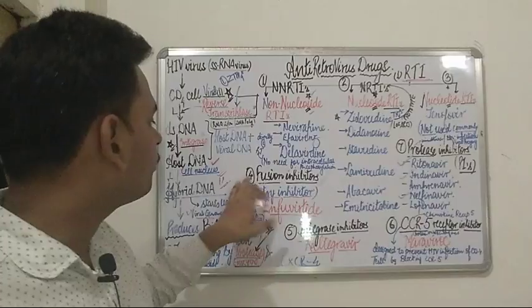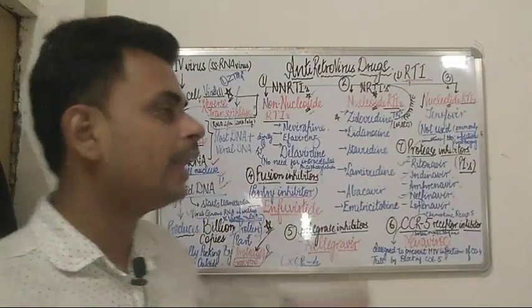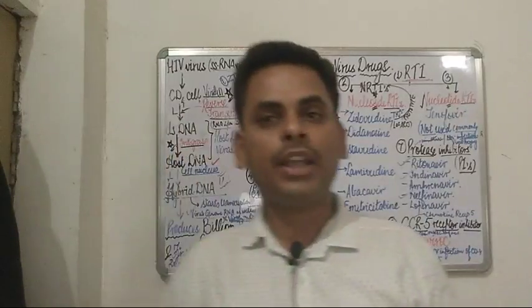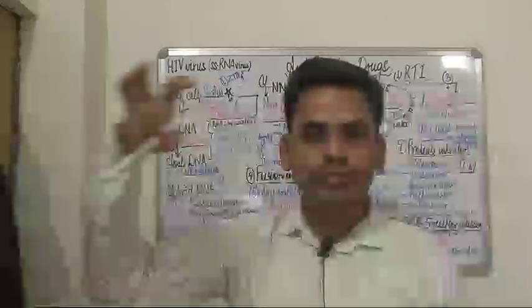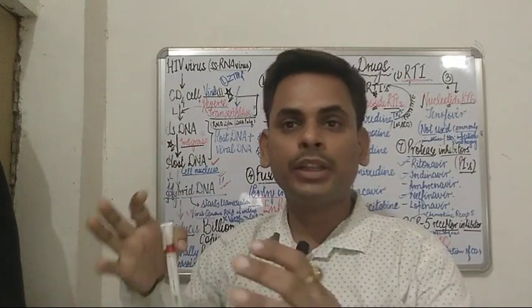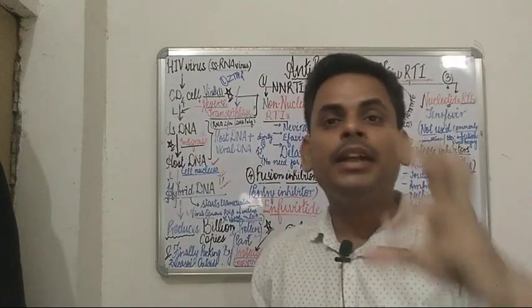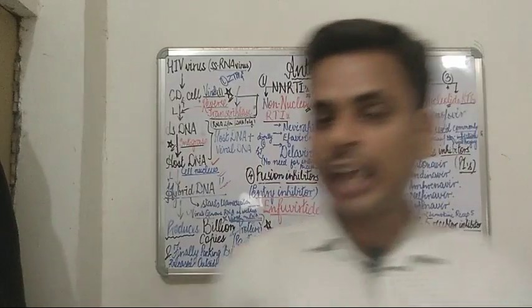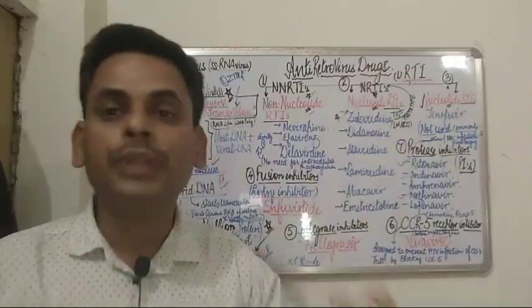Moving on to the fourth class of drugs, which are known as the fusion inhibitors. While HIV replication takes place, the virus attacks the CD4 cell membrane and firstly gets fused to it, and there are drugs designed to prevent the fusion of the virus to the host cell.